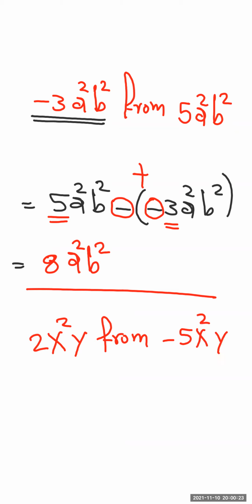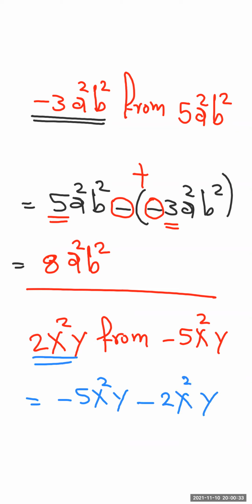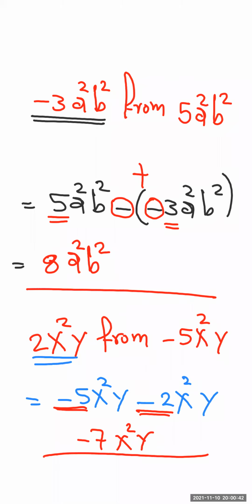Okay. The second minus the first. So negative 5x squared y minus this one, 2x squared y. So here, negative 5 minus 2, negative 7. Then the variables x squared y. Okay?